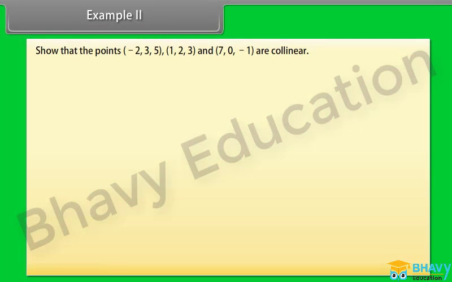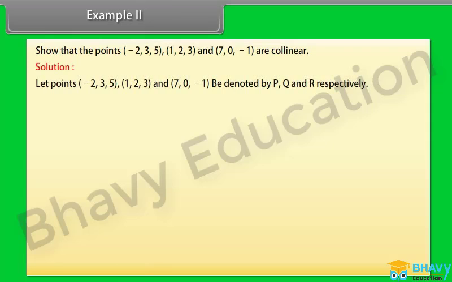Example 2. Show that the points (-2, 3, 5), (1, 2, 3) and (7, 0, -1) are collinear. Solution: let the points (-2, 3, 5), (1, 2, 3) and (7, 0, -1) be denoted by P, Q and R respectively.